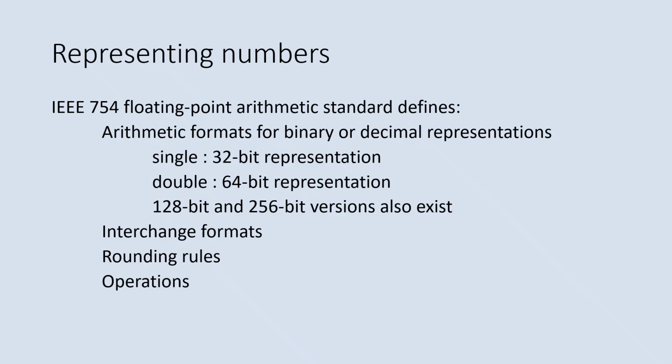The operations that are expected to be implemented. So basic operations, plus, minus, multiplication, division, some trigonometric functions, specific functions that are clarified and said specifically these have to be included if you're going to claim implementation of this standard. We're not going to go much in that direction. We're just going to look at what happens with numbers under even more routine kinds of calculations.